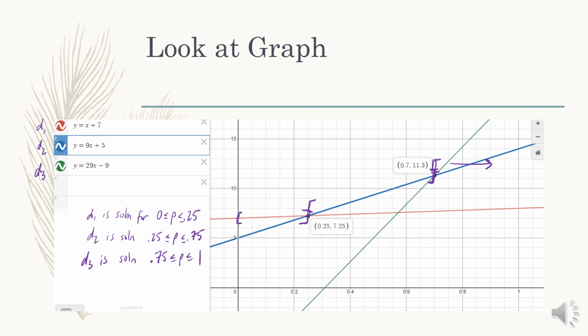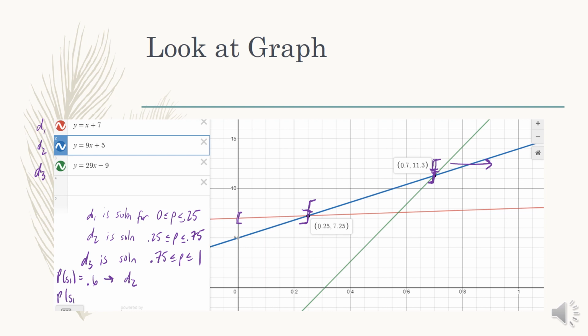So based on this, I can make a couple of assumptions. Let's say that you know the probability for S1. Like if the probability for S1 is, let's say, 0.6, then I don't need to do all of that calculation I did before. I can just say, oh, that's between 0.25 and 0.75, so D2 would be your best bet.